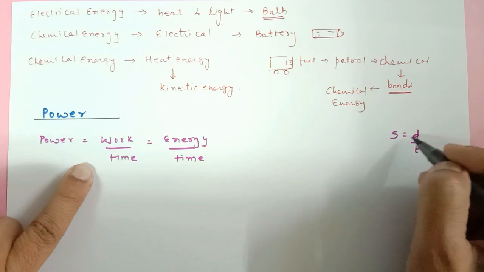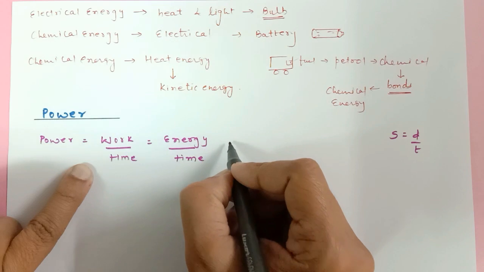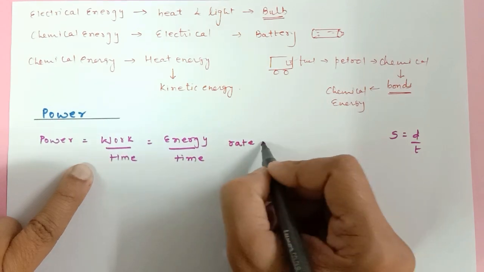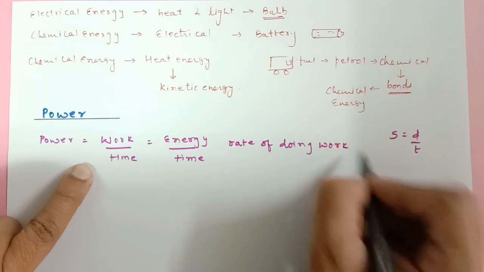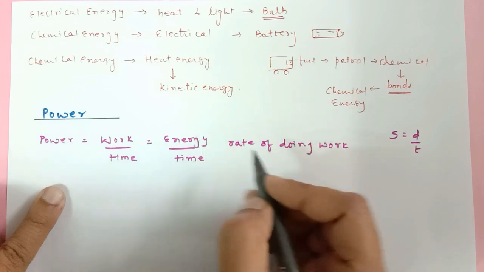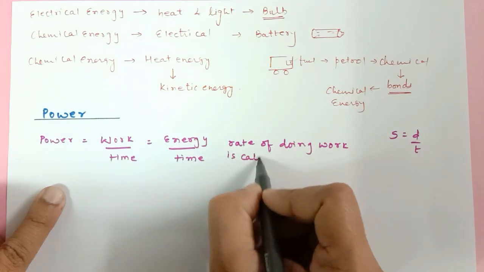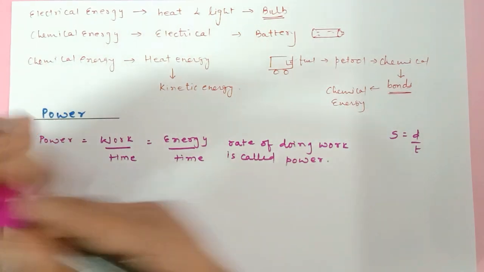The word rate itself means in the denominator there is time. So here also I will write: rate of doing work, or rate of spending energy, is called power. This is one definition, people.